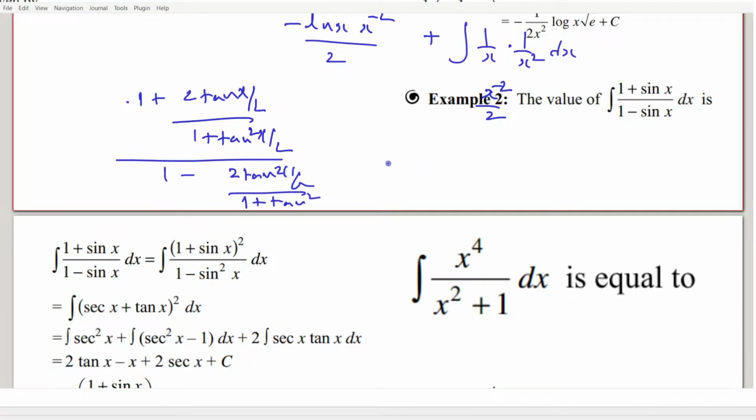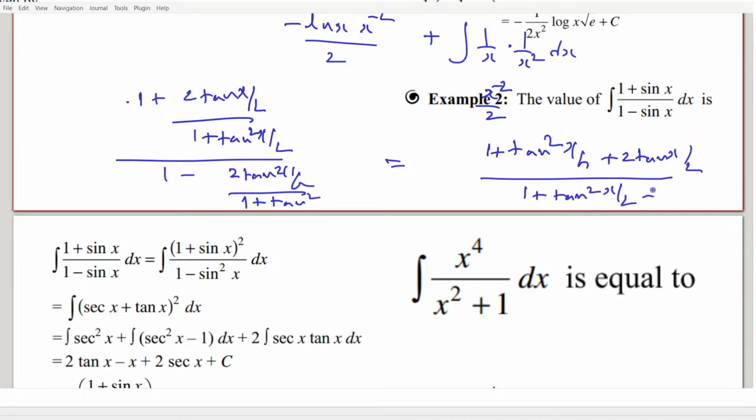This becomes what? 1 plus tan square x by 2 plus 2 tan x by 2, again by 1 plus tan square x by 2 minus whatever 2 tan square x by 2, right? Something like this. Okay, so will this work?